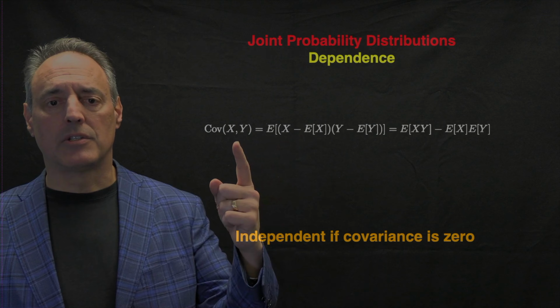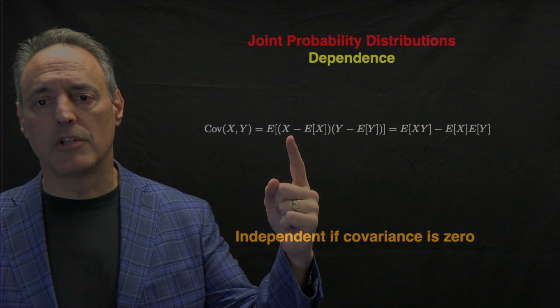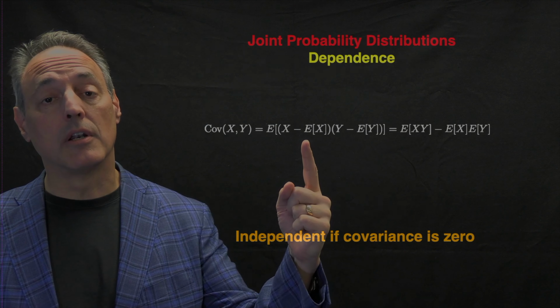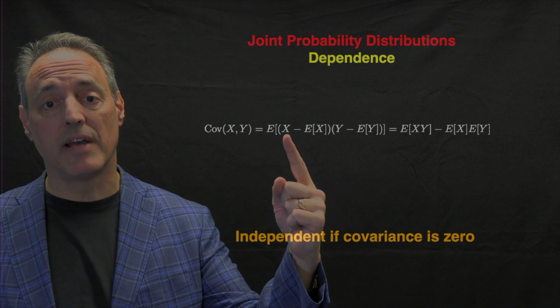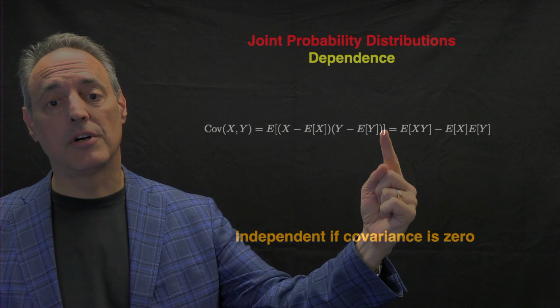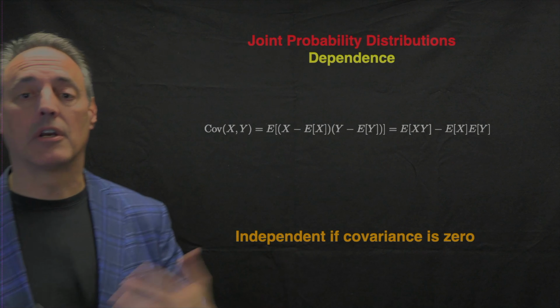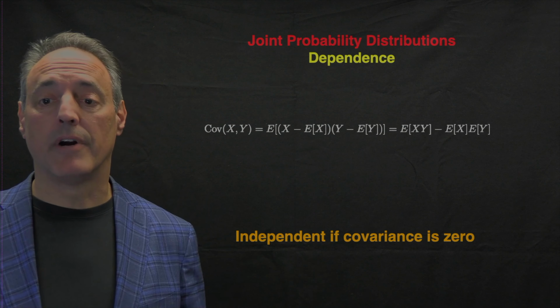Here's the definition of it. It looks a lot like the definition of the variance, except now you're taking the expectation of x minus e of x, times y minus e of y, which you can write out here, and you can compute essentially the covariance between two random variables.